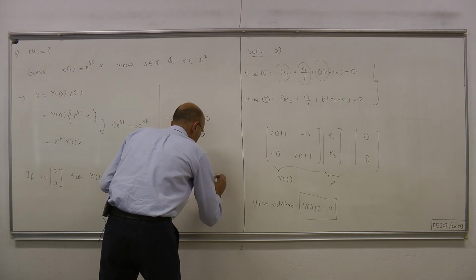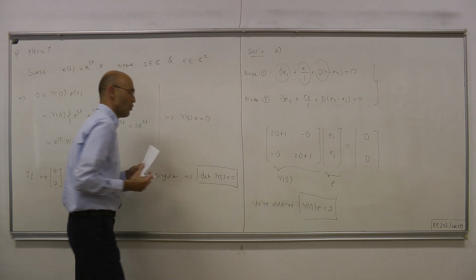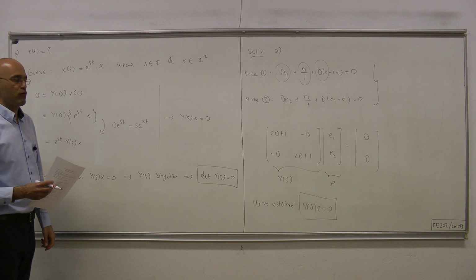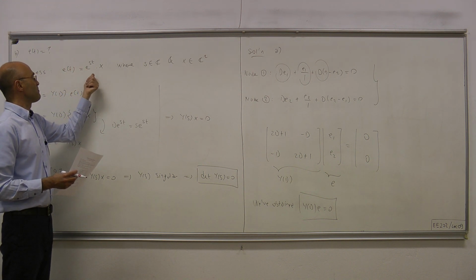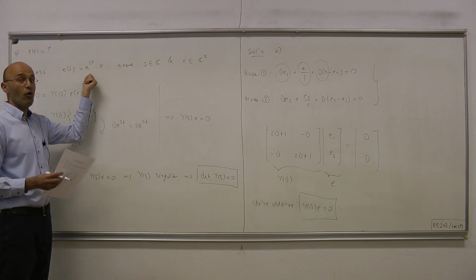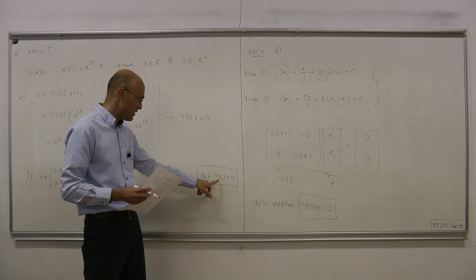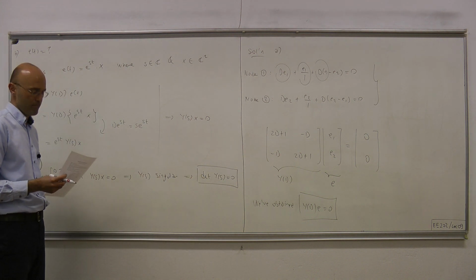So determinant of y of s equals 0. So we reached a very definitive piece of information regarding our guess. It says that if e of t has this form, then s cannot be an arbitrary scalar. It must satisfy this equation: determinant of y of s equals 0.